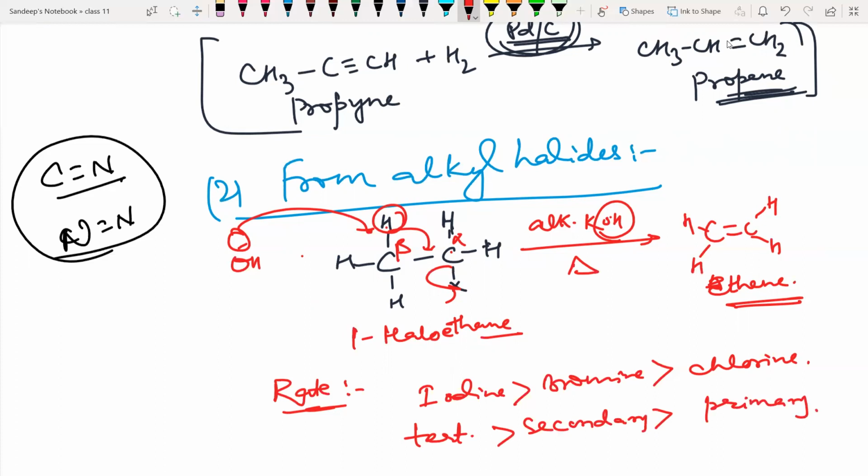And this reaction is called beta elimination because the hydrogen is eliminated from the beta carbon. Beta carbon is a carbon which is next to the alpha carbon. So this is alpha carbon where X is attached, this is the beta carbon.